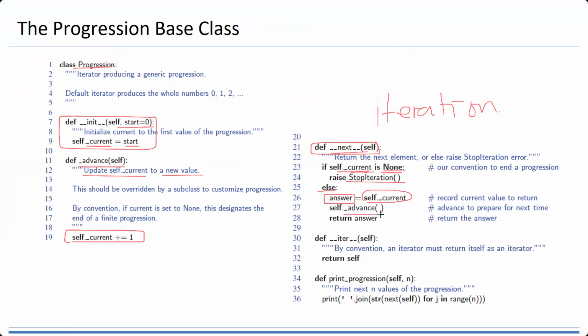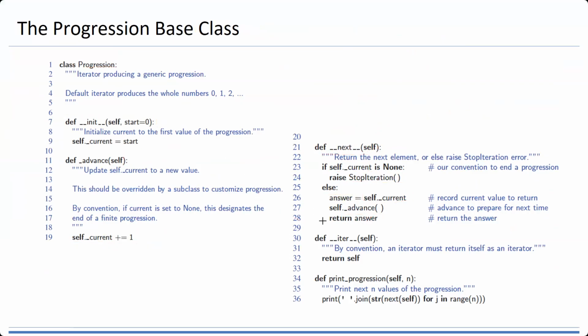And then go to the next. Self-advance means I'm going to use this advance to go to the next value. And it will return the answer. The iteration means the iterator.